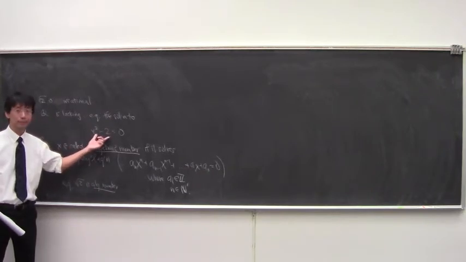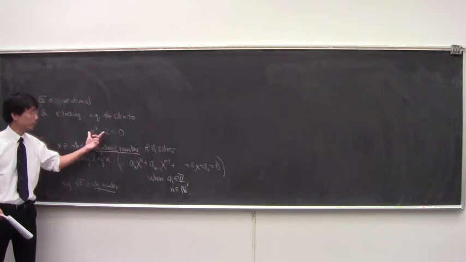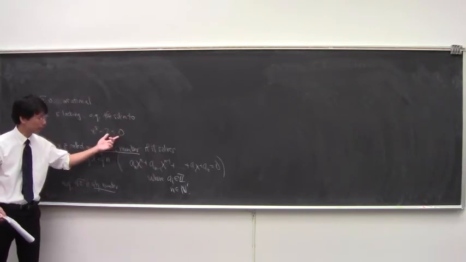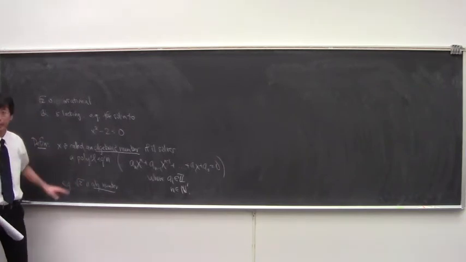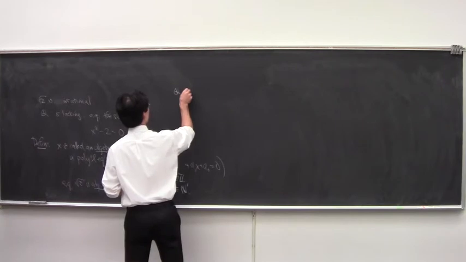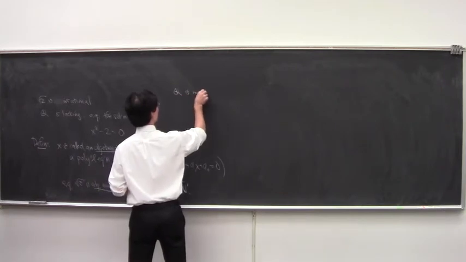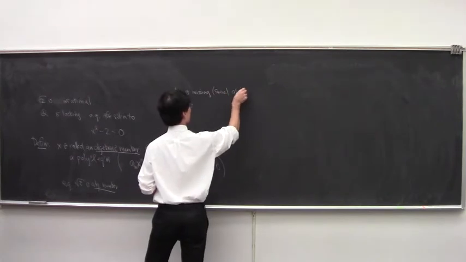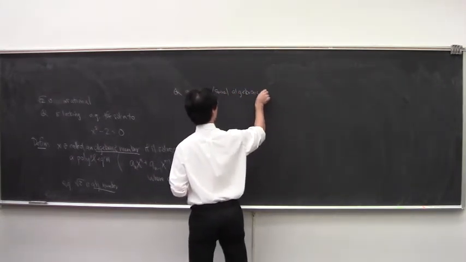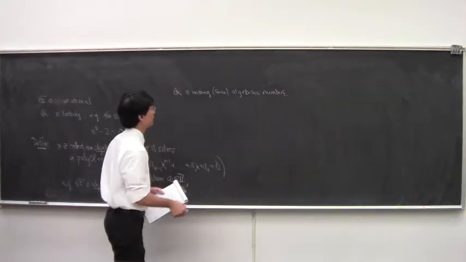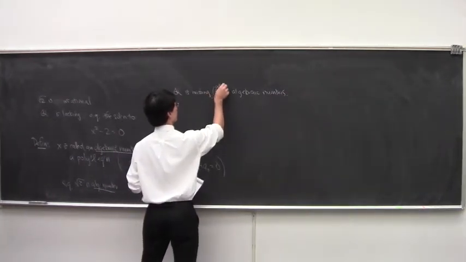This is a polynomial equation with integer coefficients, root 2 satisfies it, so root 2 is an algebraic number. So what we see is that Q is missing at least some algebraic numbers. At least some.